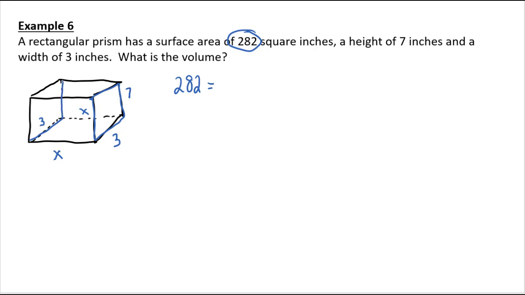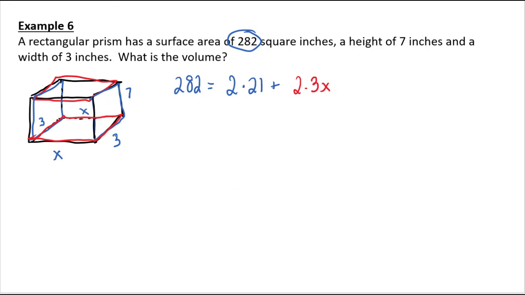This rectangle back here has that same area. So I have 2 times 21. I have the base, which the area of that is 3x. And then I also have another one up top. So again, I have 2 times 3x.